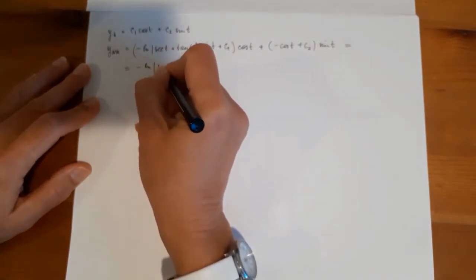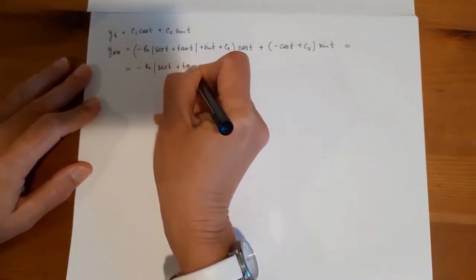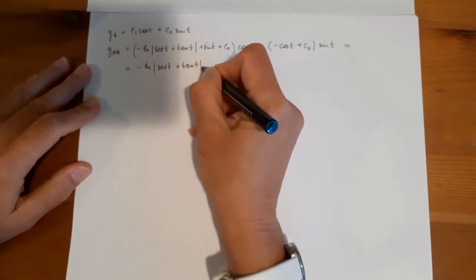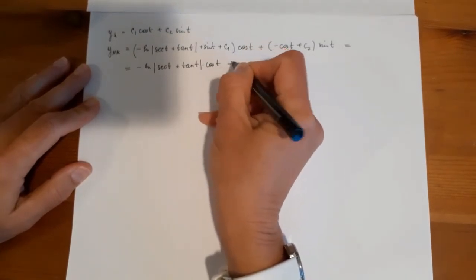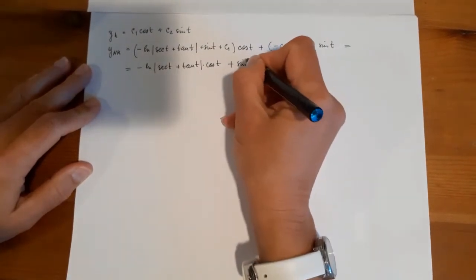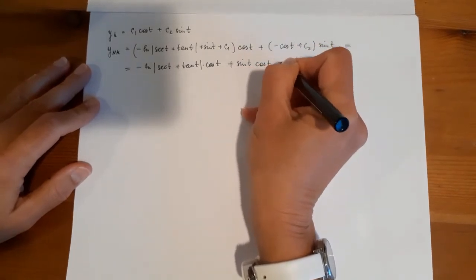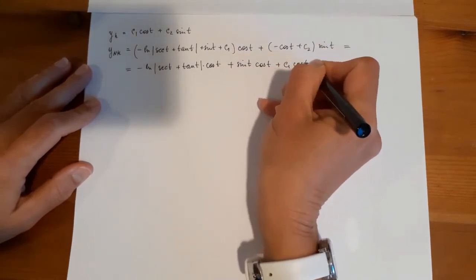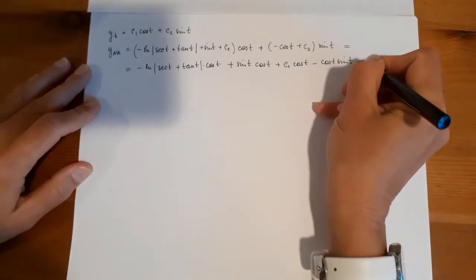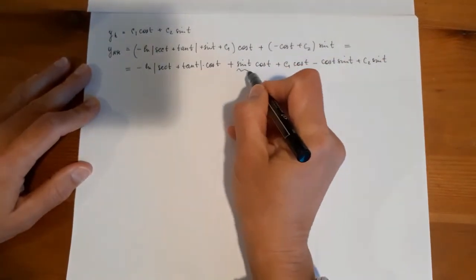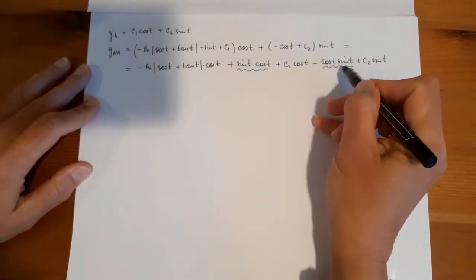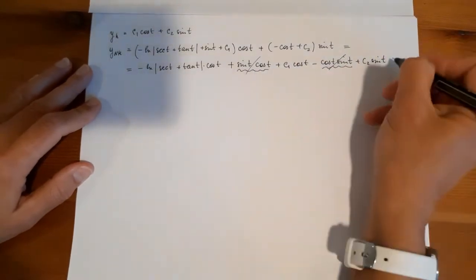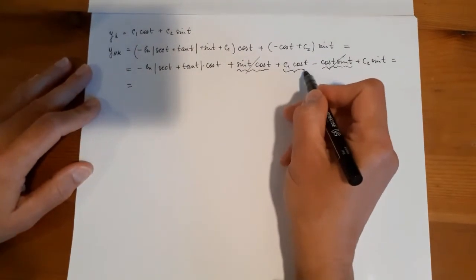Minus ln secant of t plus tangent of t multiplied by cosine of t, plus sine of t cosine of t, plus c1 cosine of t, minus cosine of t sine of t, plus c2 sine of t. These two terms are exactly identical, so I'm going to cancel them. What are this and this?